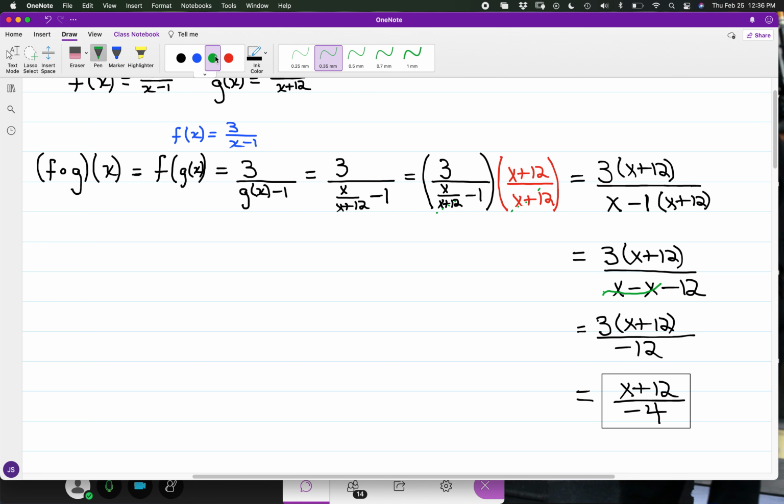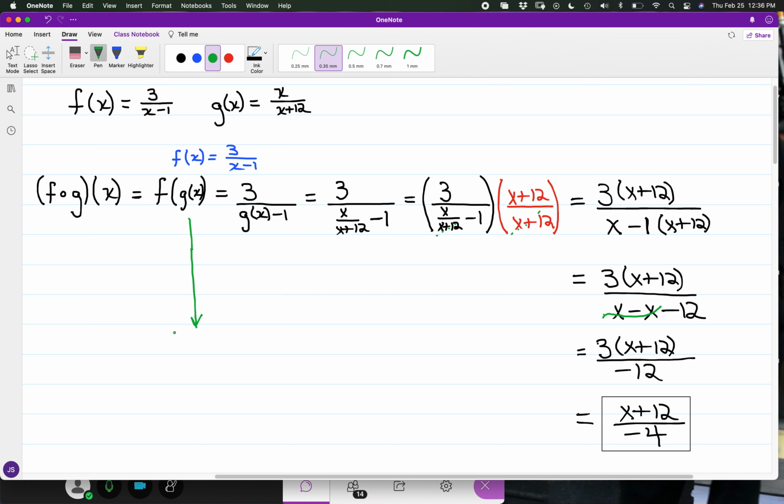Now, looking at the domain of this composition, we have the input, and the input was g of x is equal to x over x plus 12.